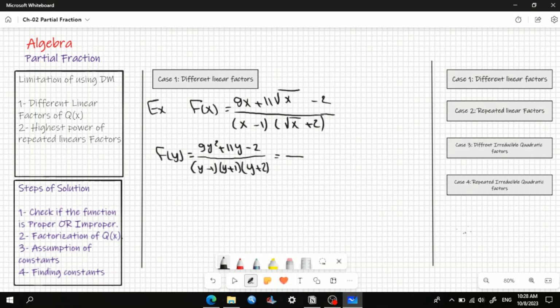For the third step, we assume our constants: A over y minus 1, B over y plus 1, C over y plus 2.